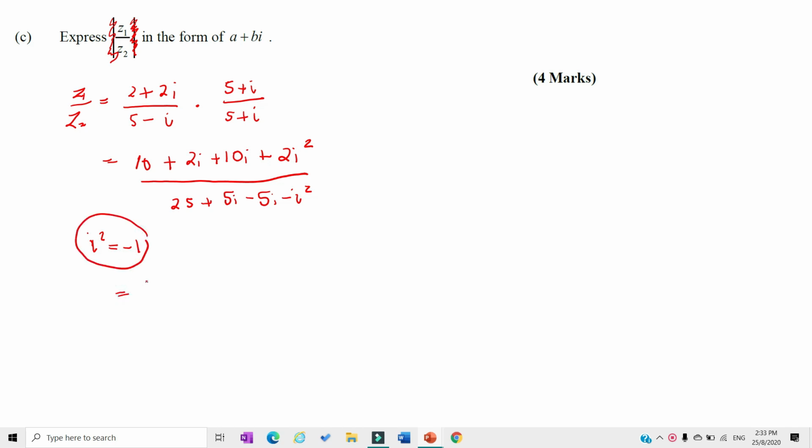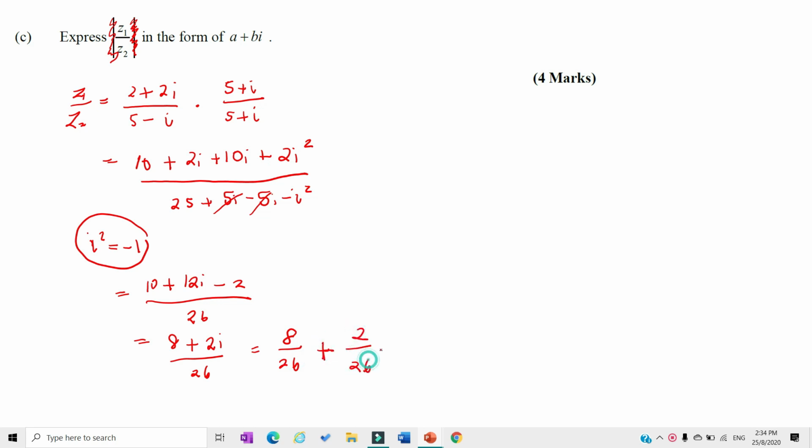So we have 10 plus 12i minus 2 over, cancel off, so 25 minus 1, 26, equal to 8 plus 12i over 26, 8 over 26 plus 12 over 26i. So we can make it into a much simpler form. So this is equivalent to 4 over 13 plus 6 over 13i.